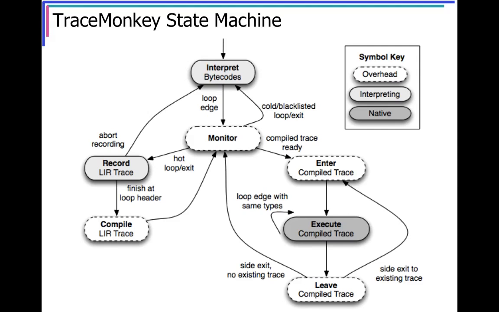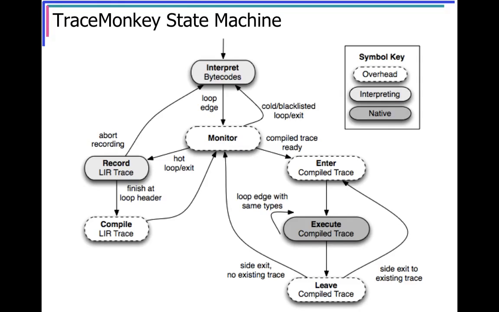This state machine shows how TraceMonkey works. We'll start at the top and work to the left before we go to the right. First thing we do is we use the interpreter in a mixed mode setting to interpret the bytecodes. When we traverse a loop edge, which is the start of a loop, we start to monitor the loop. That is, we start to collect profiles about the loop.